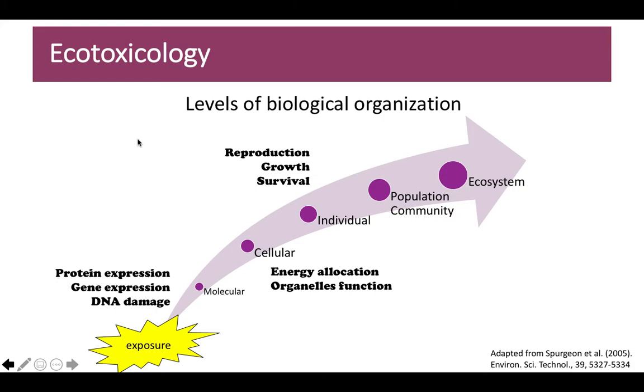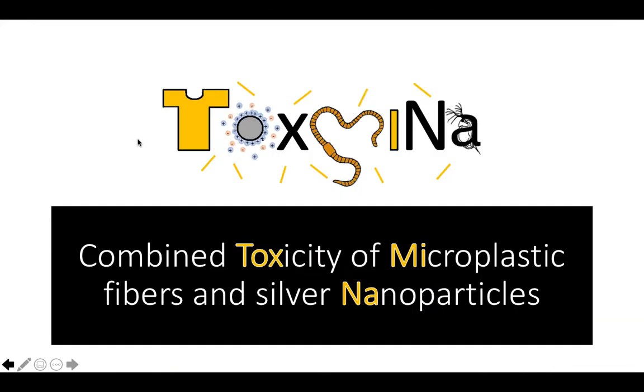Then it will affect the individual level by reducing reproduction, growth and survival, and changing behavior. Then you have the effects on the population and community level by changing population structure, the abundance of the species, and also its diversity. And finally, you have the effects on the ecosystem level.